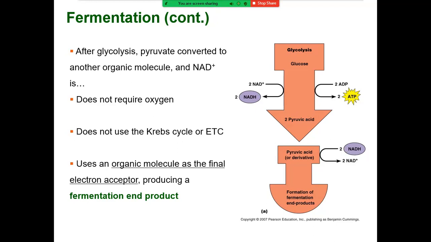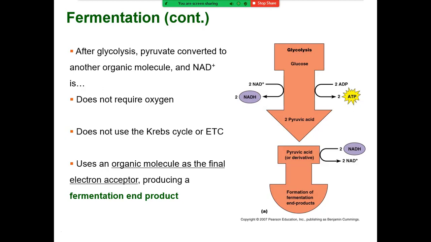I'm only going to talk about 2 fermentation reactions. Both of them have 1 or 2 steps. In fermentation, you take pyruvic acid and you make the fermentation end product. And then you take the NADH, which is generated in glycolysis, and you convert that into NAD+.